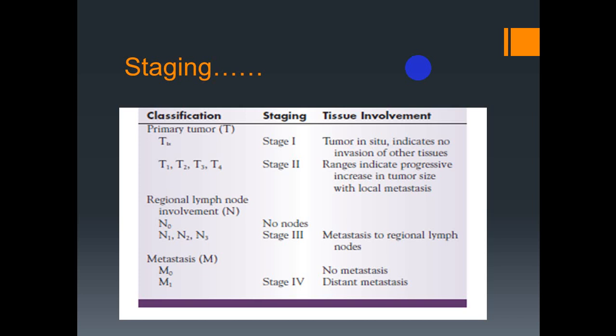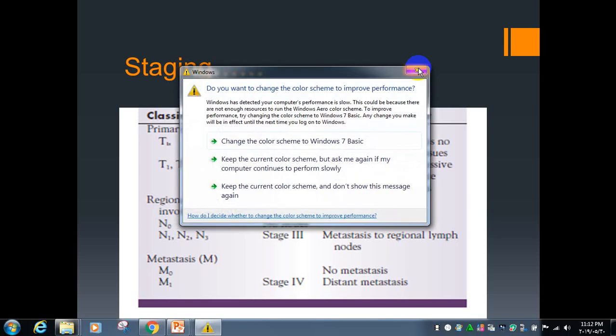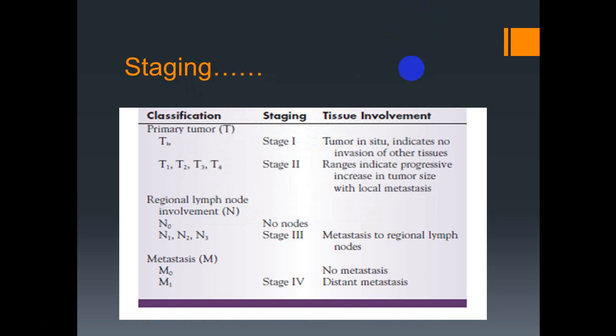So when we are given the stage N0, the N0 tells us that the metastasis has not reached the lymph nodes, while N1, N2, N3 in stage 3 means the metastasis is going to regional lymph nodes. The metastasis occurs in stage 4 only.